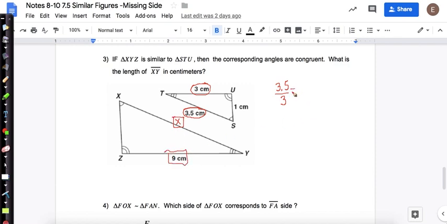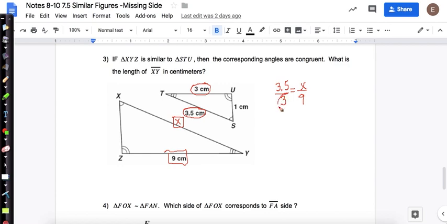Notice I have to stay consistent. If I don't stay consistent, it won't give me an answer that makes sense. And remember, the diagonal has to be bigger than the bottom, because here the diagonal is bigger than the bottom. So if they're similar, then this diagonal is going to be a little bit bigger than the bottom.